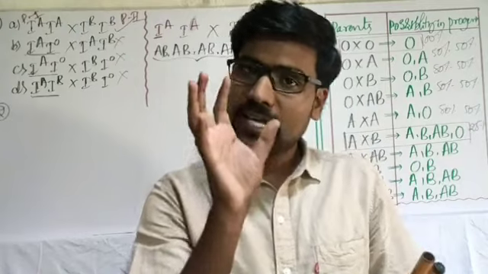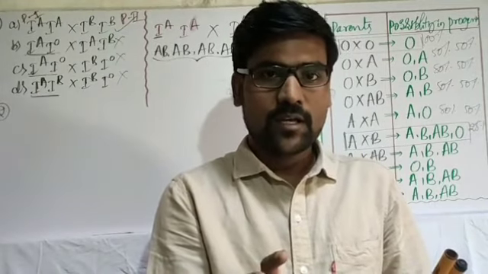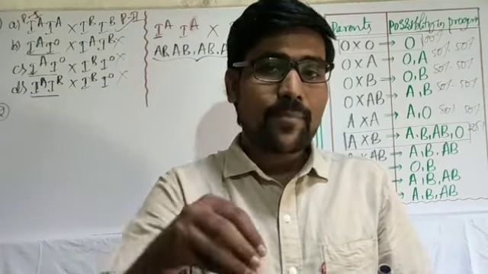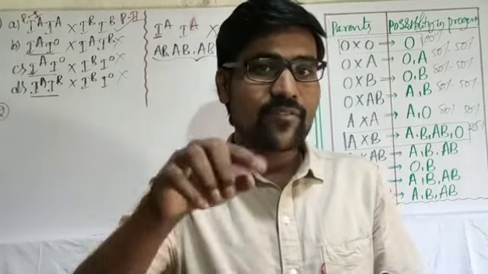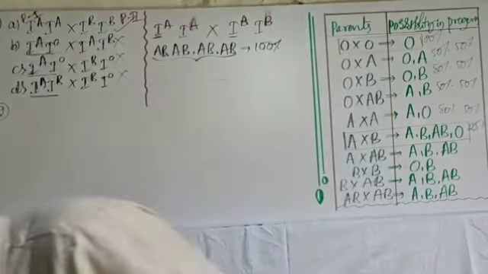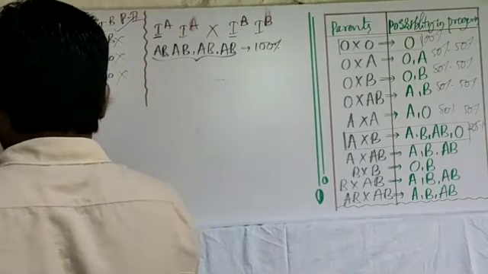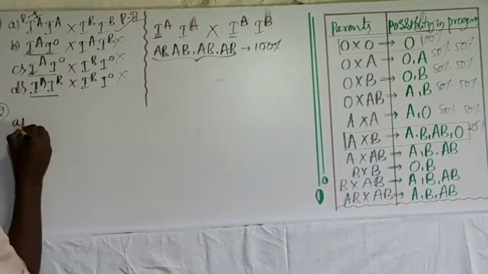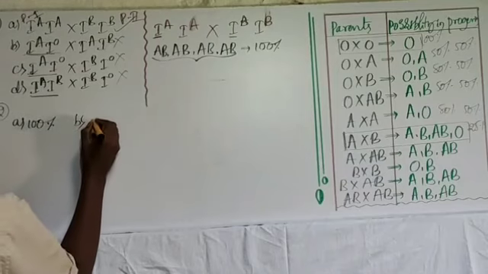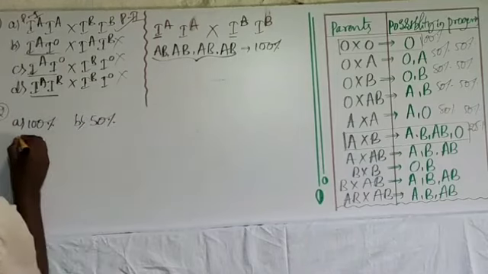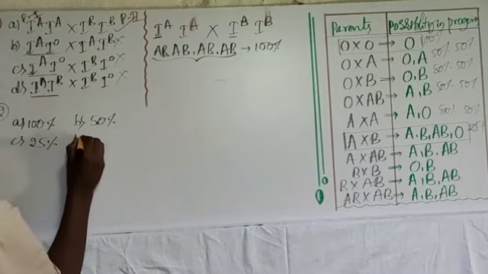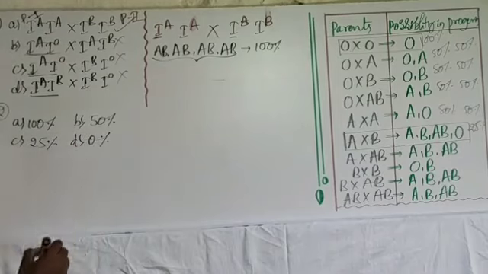Both the parents are AB blood group. If they are getting their first child, what is the probability of that first child having the same AB blood group? This is the question. So for this second question, we are having 4 options here. Option A, 100% chance. Option B, 50% chance. Option C, 25% chance. And option D, 0%, no chances.